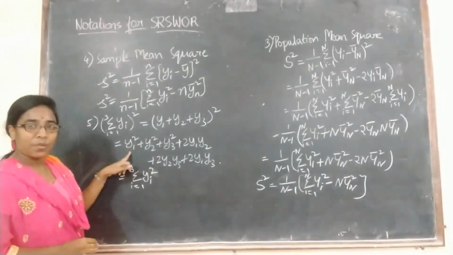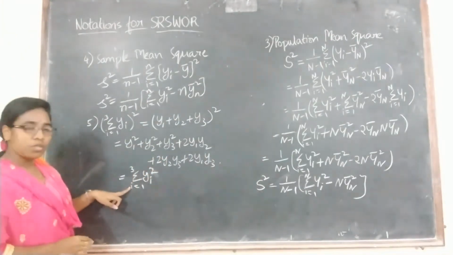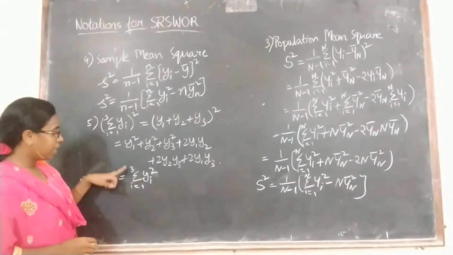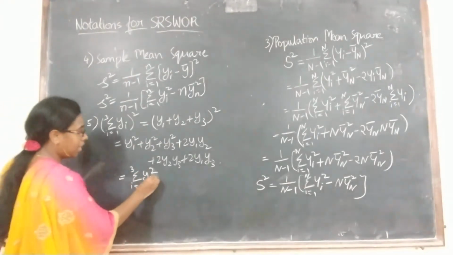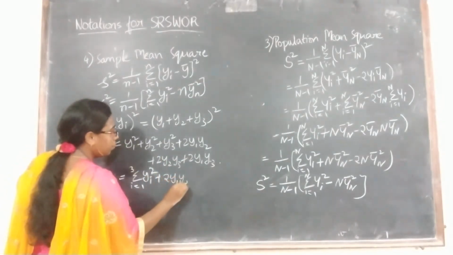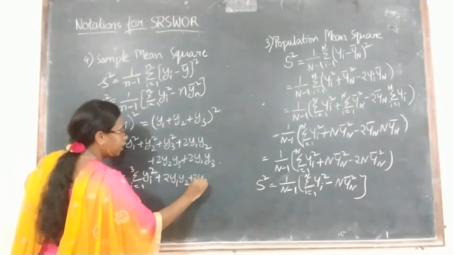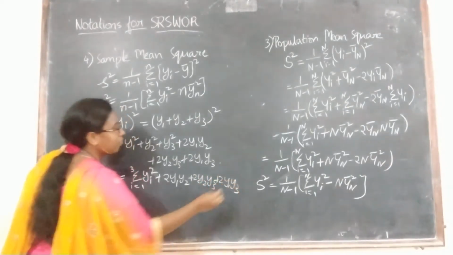This is y1 square plus y2 square plus y3 square. So if you write in terms of summation, you will get summation i equals 1 to 3 yi square plus this term, you write as it is, 2y1 y2 plus 2y2 y3 plus 2y1 y3.